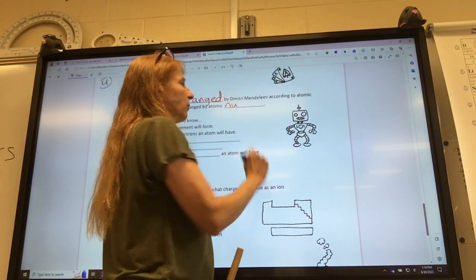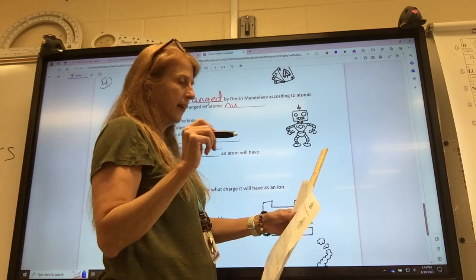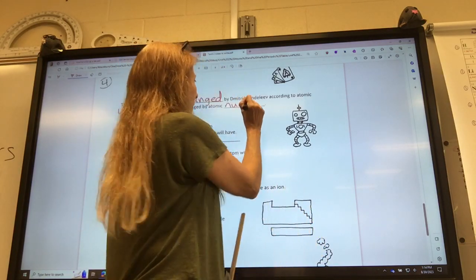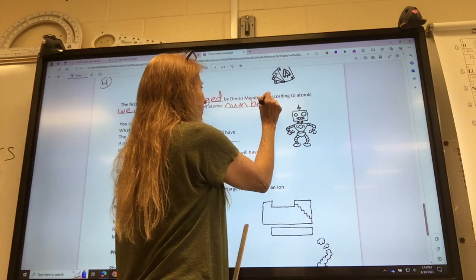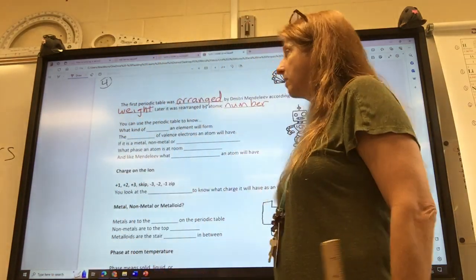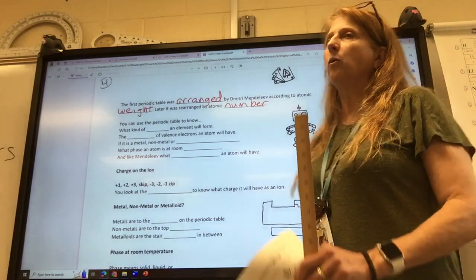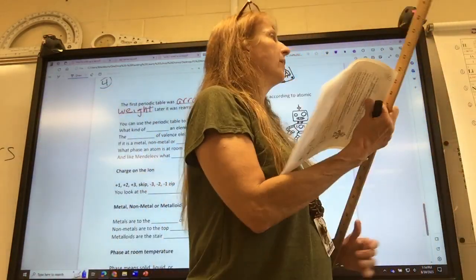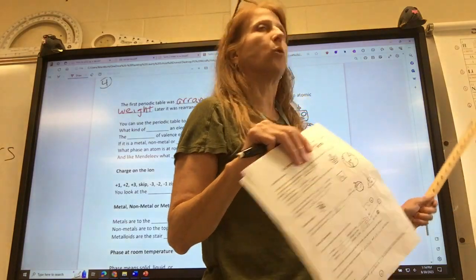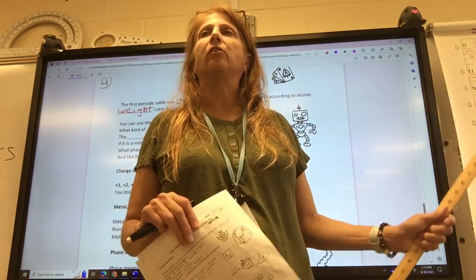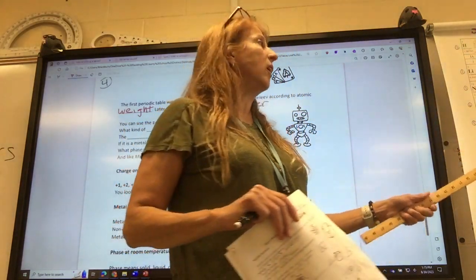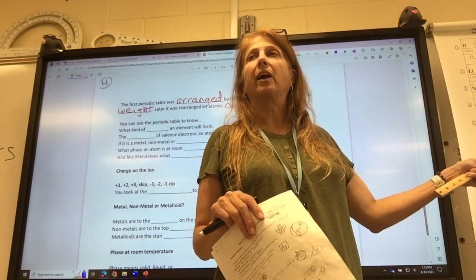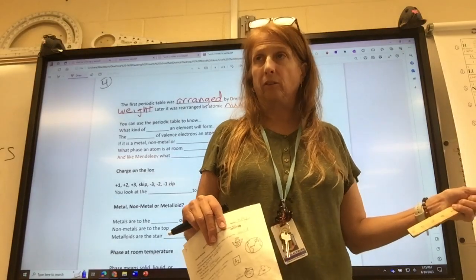At the time he arranged it by atomic weight, they didn't know about the proton, so they didn't know about the atomic number yet. Henry Moseley rearranged it later by atomic number, okay? I say he discovered it because the periodic table is arranged according to the properties and the patterns of the elements. Those have always been there. As long as there's been atoms, that pattern has been there. He just discovered the pattern.